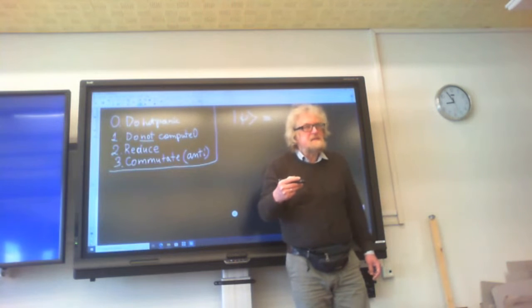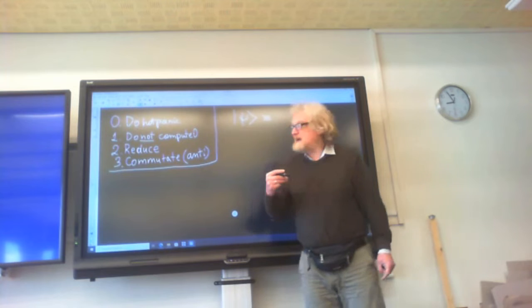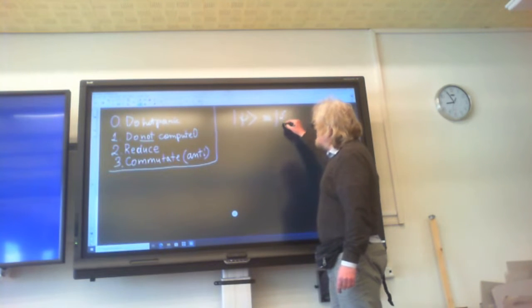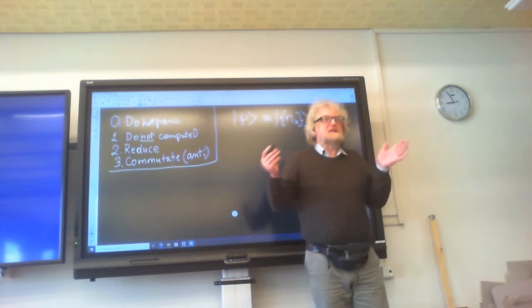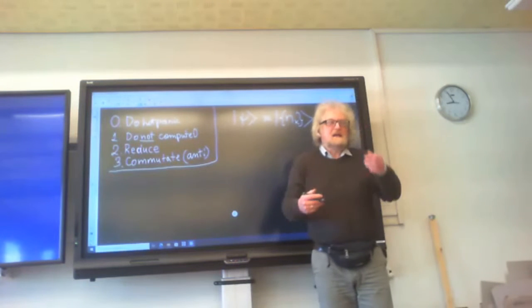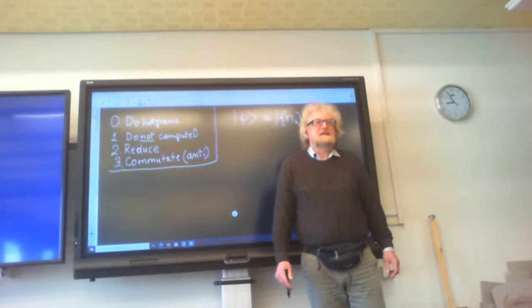It's a basis state in Fock space, which is completely characterized by a long row of occupation numbers. In particular, it could be a vacuum, all occupation numbers are zero, any set of occupation numbers is fine.